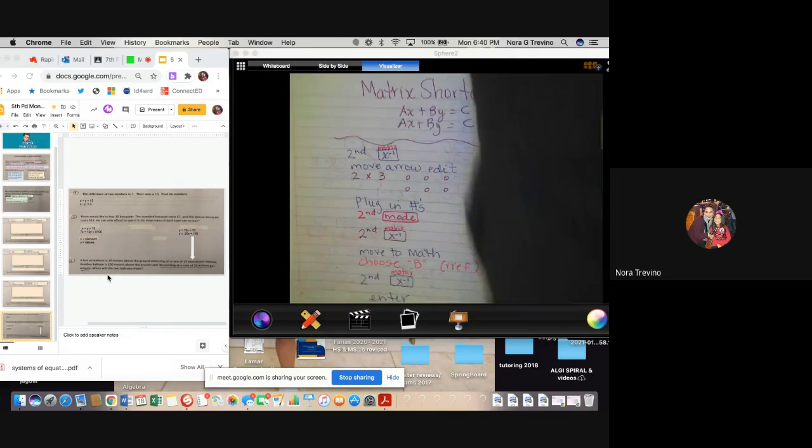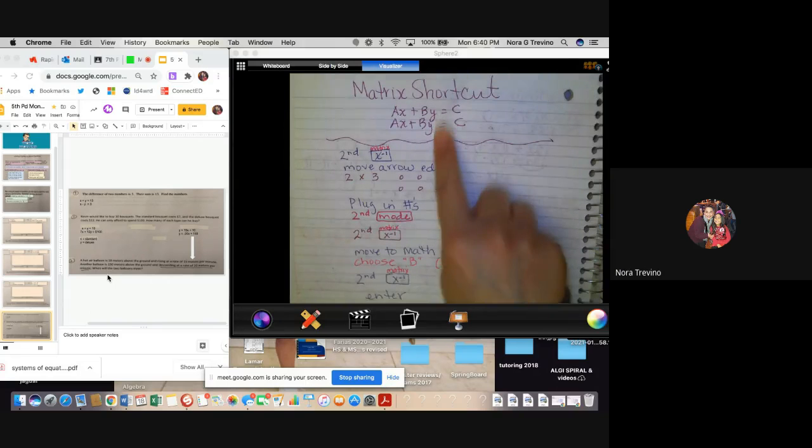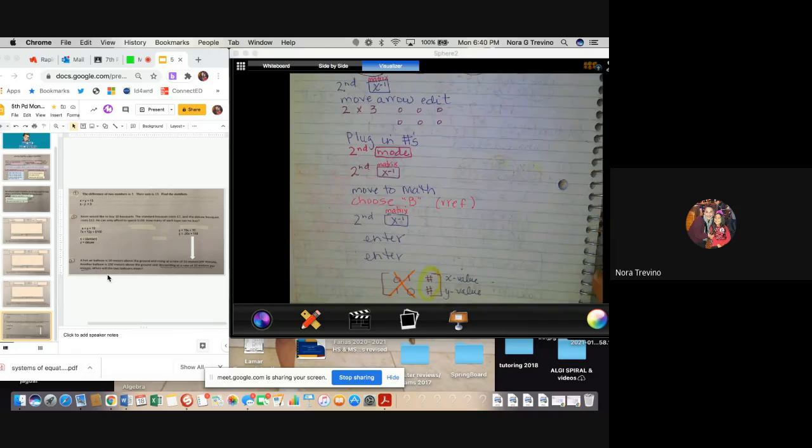I want you to remember, this just means that it only works whenever they're in standard form, okay? So I'm just going to cover that real quick so that everything fits. So there you have it. Take a screenshot, okay, and save that, because that is the strategy that you can use for checking method when your systems are in standard form.